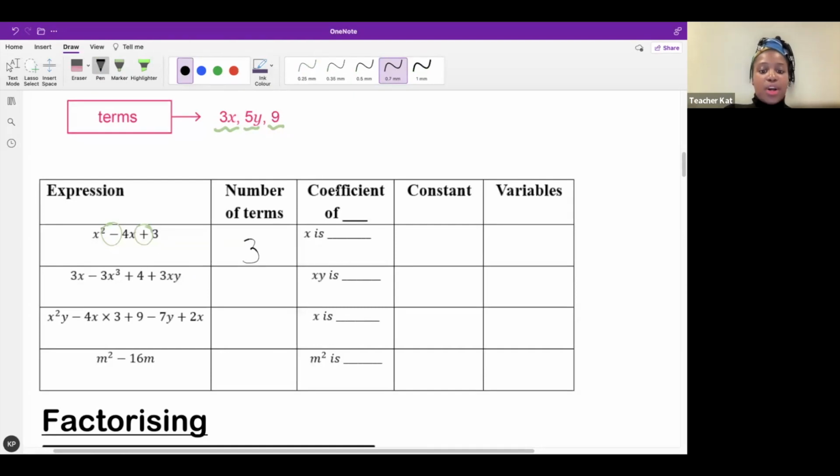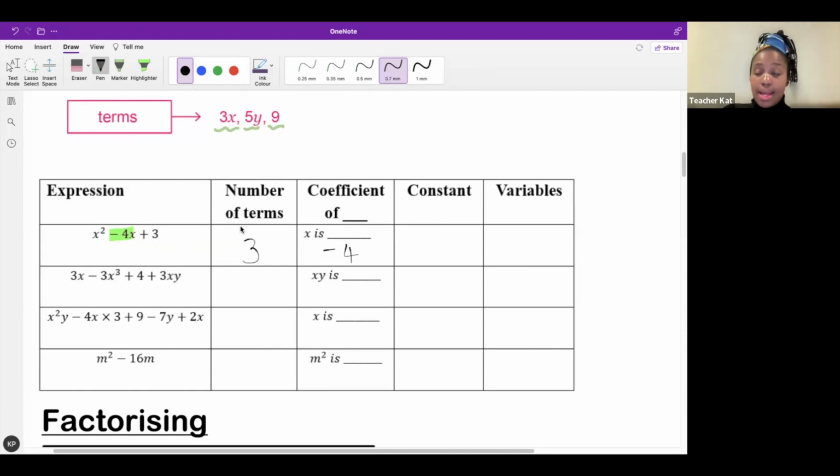Okay. The coefficient of x. Nice, Buhlale. I like that you took the symbol as well. Do not just say the coefficient of x is 4. The 4 goes with the symbol in front of it, and in this case it is a negative, which means my coefficient of x is negative 4.